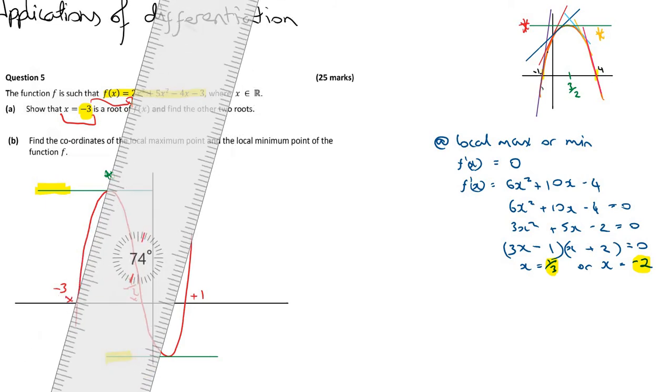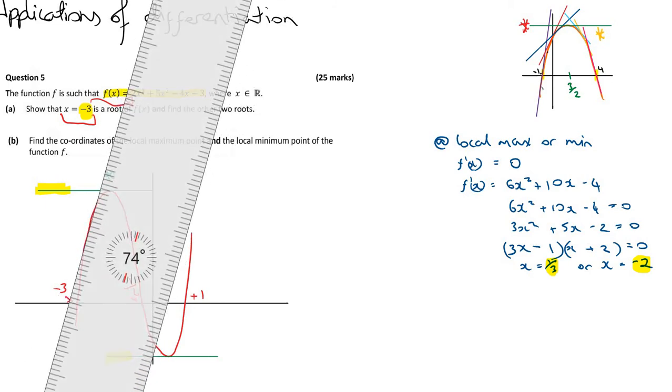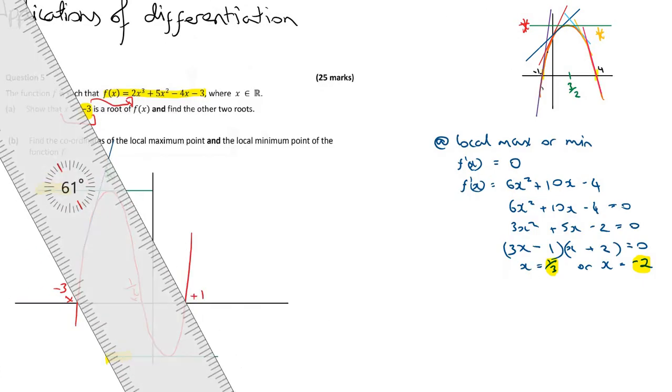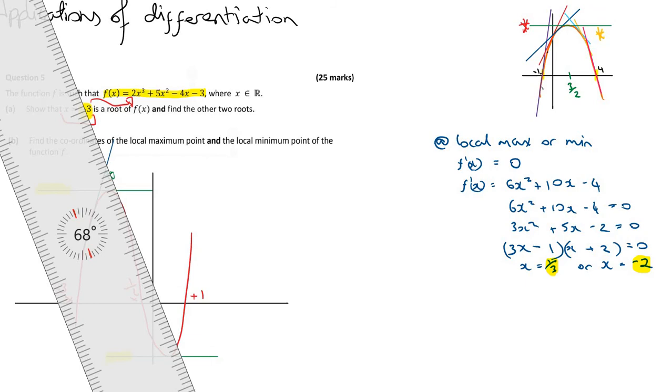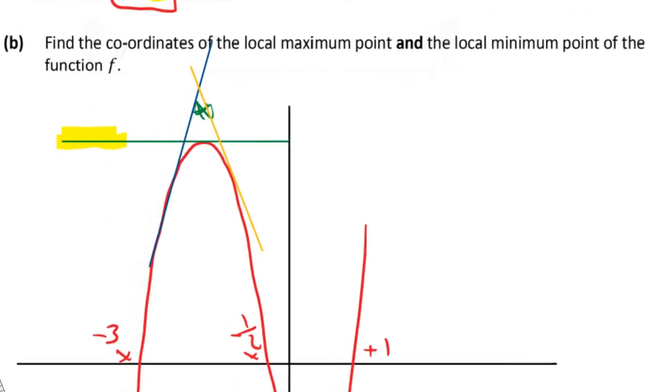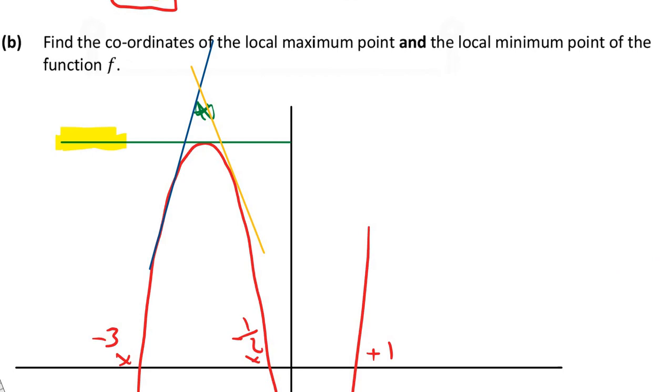We know that at this point the slope is positive, at the green line the slope is 0, and here the slope is negative. So on going from the blue line to the green line to the orange line, the actual slope is changing from a positive value to a negative value.